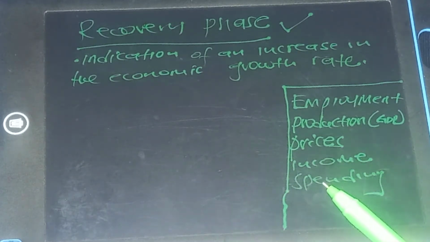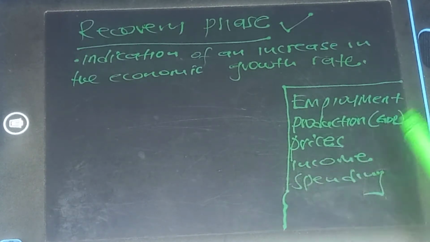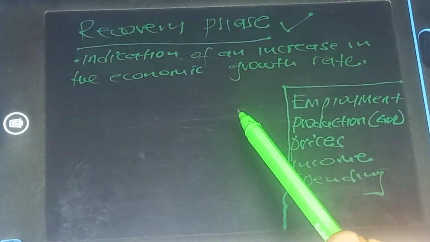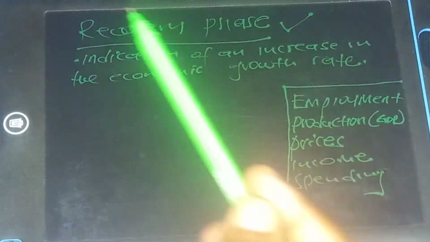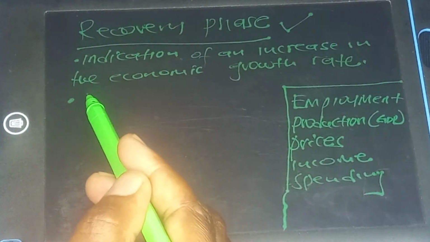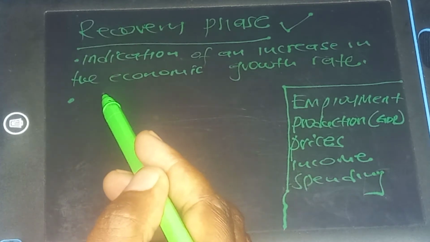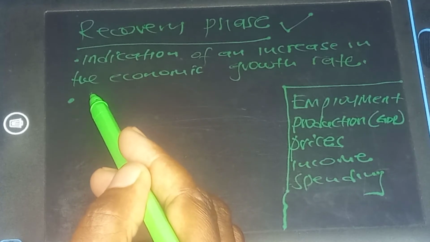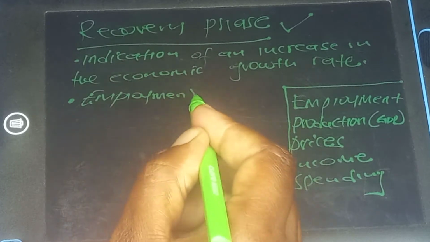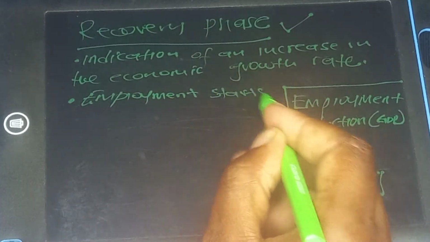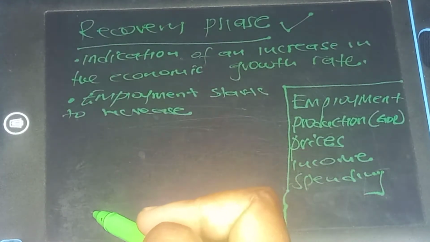You can write it in your own way, but your sentences must show that there is an increase in economic growth rate. When there's an increase in economic growth rate, for example, it means that employment starts to increase. You see, that's a sentence.